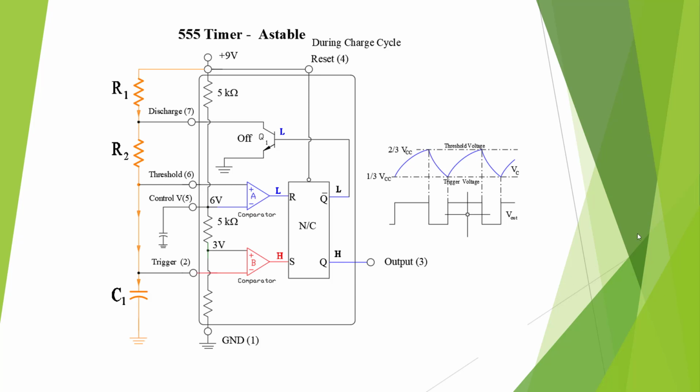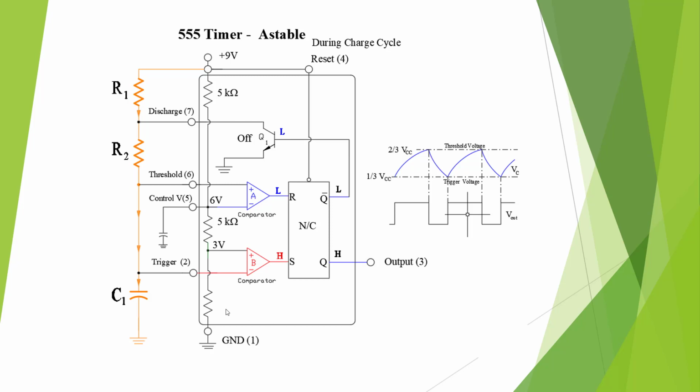Here's a diagram of the astable timer with the internal components inside this box and the external components which we add. We have two resistors and one capacitor, and they're going to charge off this 9 volts until it gets up to 2/3. We have our 3 internal voltage divider resistors, so we have 1/3 and 2/3.